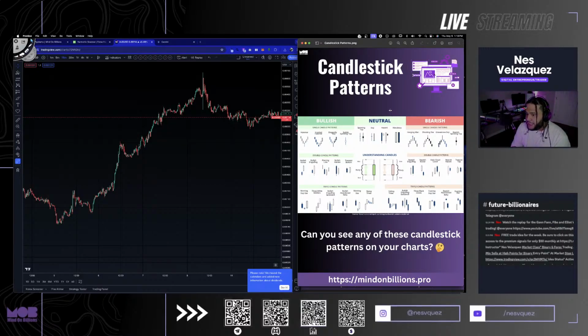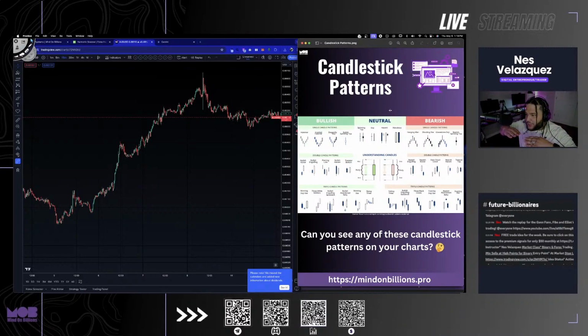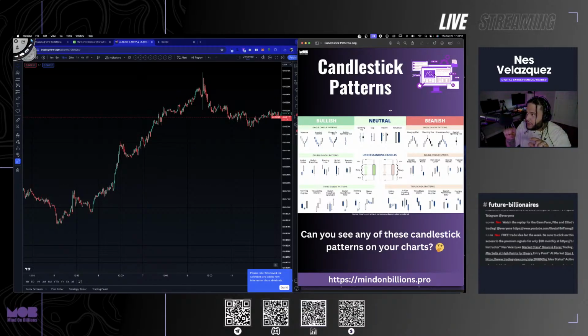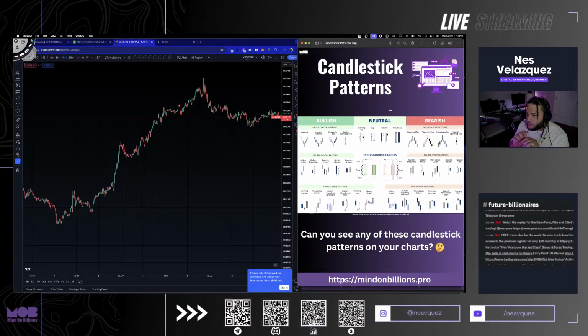Neutral is basically like, hey, the market was just trending and now it's starting to show signs of slowing down and it's about to get into that contraction stage where the market is finding balance, where the market is just consolidating, okay? You're going to see some neutral patterns appear before the consolidation starts.